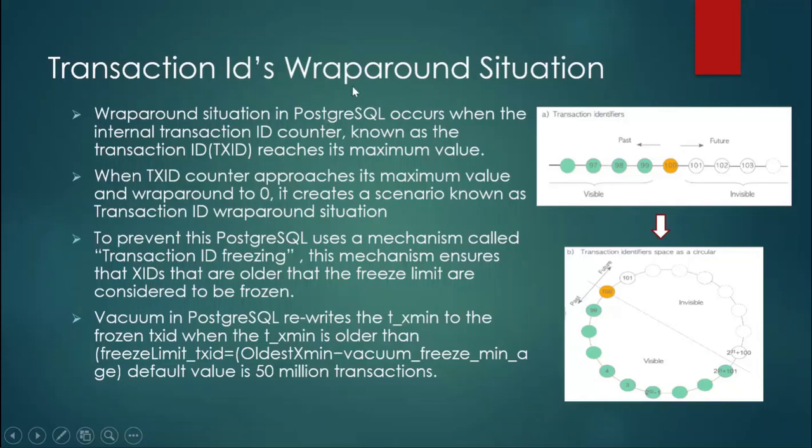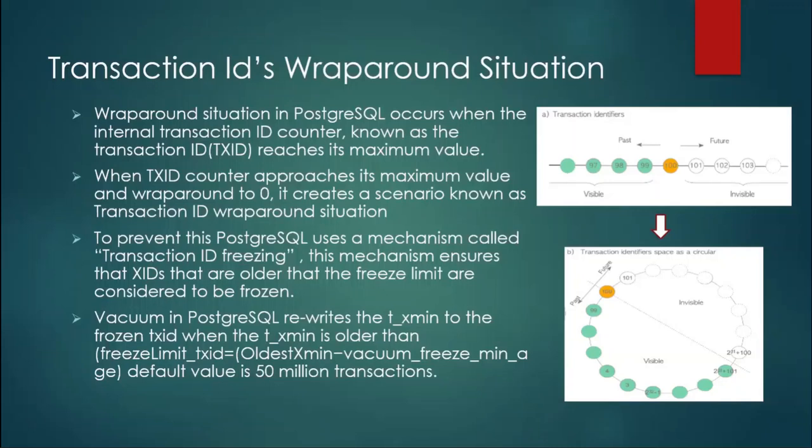Before version 8, your cluster would reboot, start freshly, do a forceful vacuum and the transaction ID freeze, and start again from 1. This was a disadvantage in Postgres up to version 8, and that's why people hesitated to choose Postgres because of this problem. This problem has been overcome after version 8.